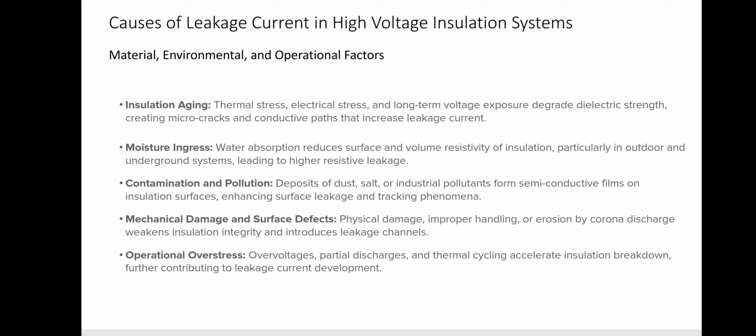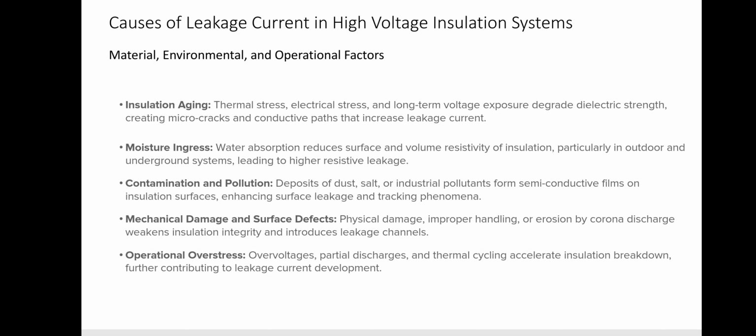Contamination and pollution: deposits of dust, salt, or industrial pollutants form semiconducting films on insulation surfaces, enhancing surface leakage and tracking phenomena.